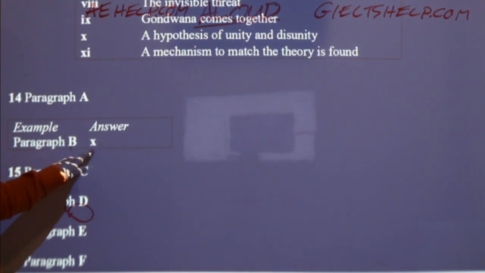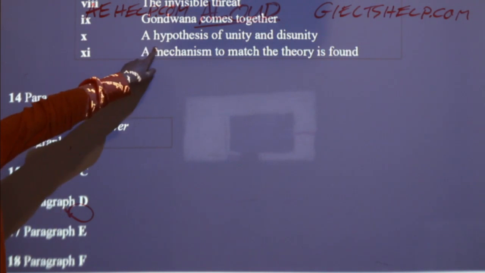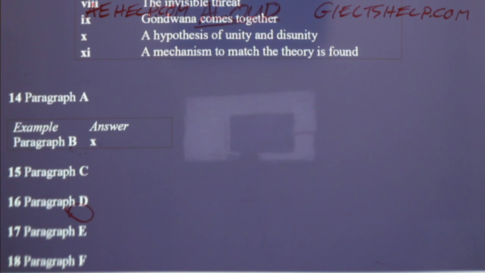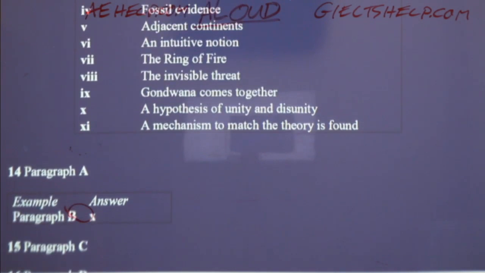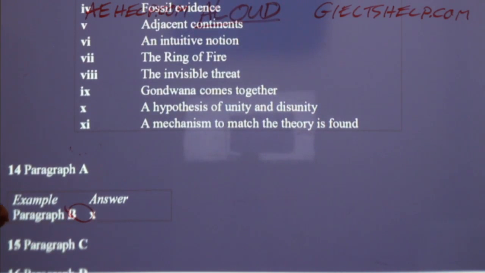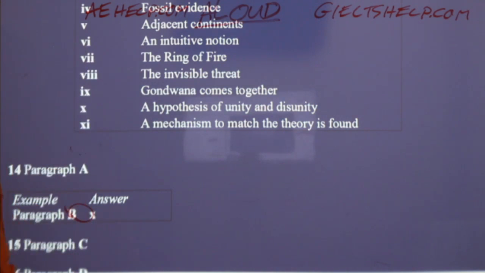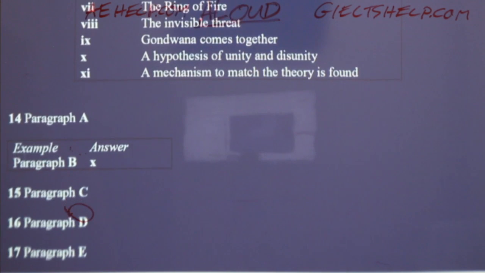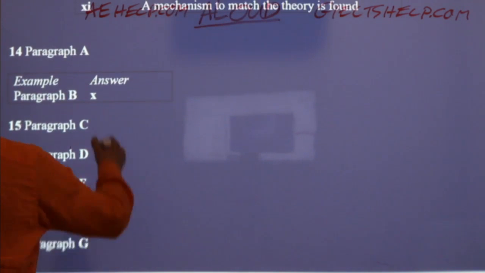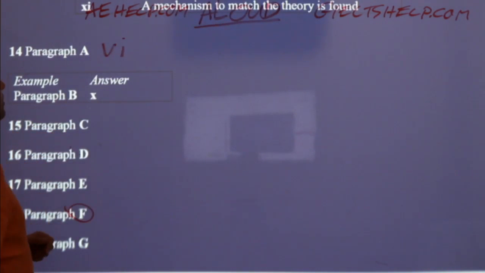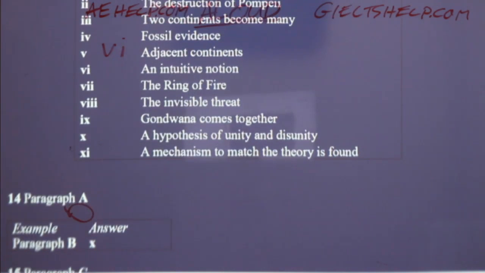Paragraph B is 10, a hypothesis of unity and disunity. So that lets me be confident about this one here, number 6, or Roman numeral 6. Okay, so VI, Roman numeral 6, an intuitive notion.